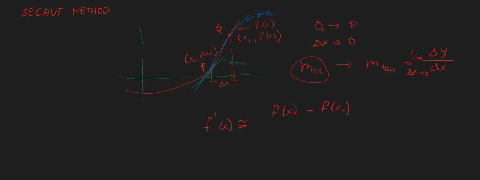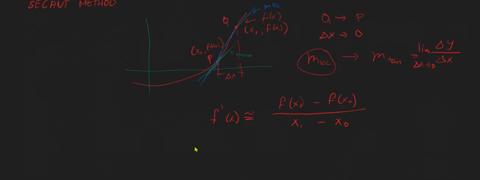That's delta y, y2 minus y1, all over x2 minus x1, but this one is x1 minus x0. So this is the difference with the Newton-Raphson method, or the Newton method.